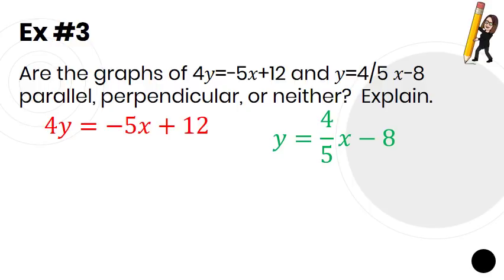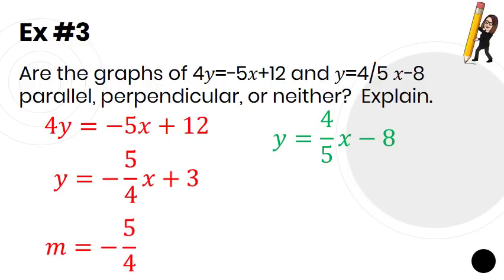So I need to divide everything by 4. That gets me to here. Now I know that the slope of the red line is -5/4. On the green line, I know that the slope is 4/5.